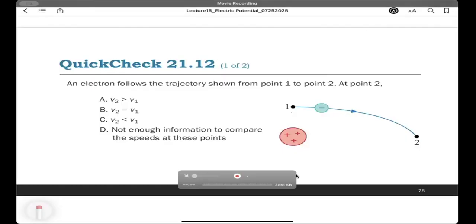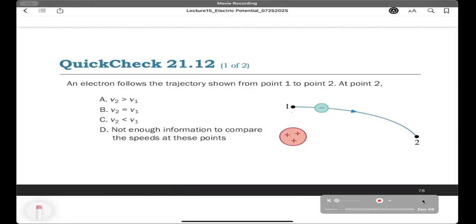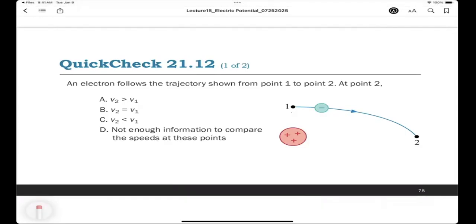Okay, let's check this question. An electron follows a trajectory from point 1 to point 2. At point 2, which one is the right answer?